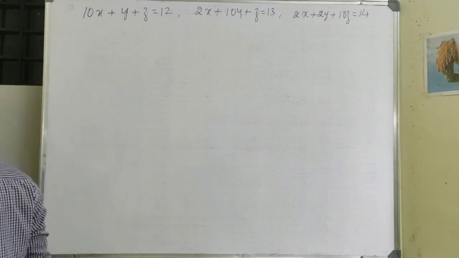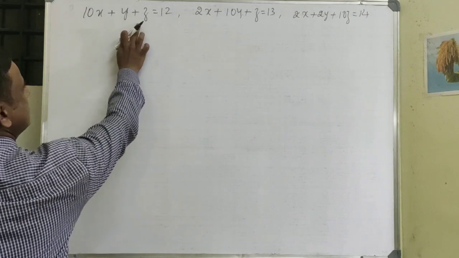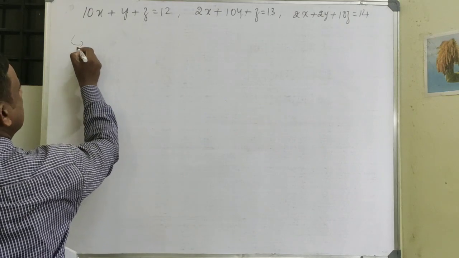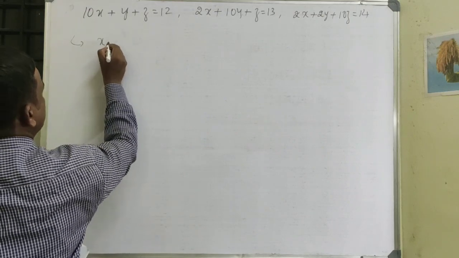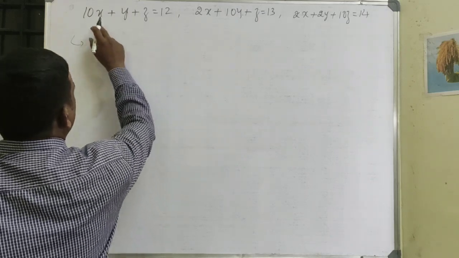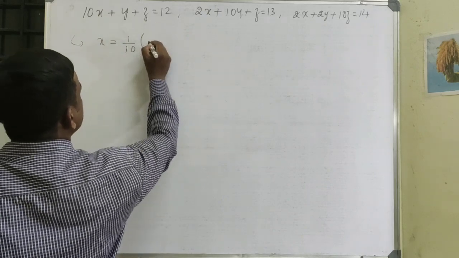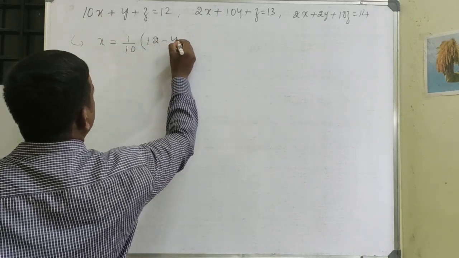To apply this method, first let us take the first equation. From this I can write an expression for x as x equal to 1 by 10 times (12 minus y minus z).